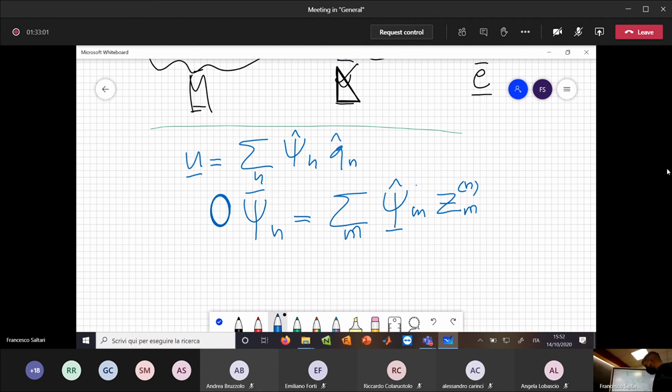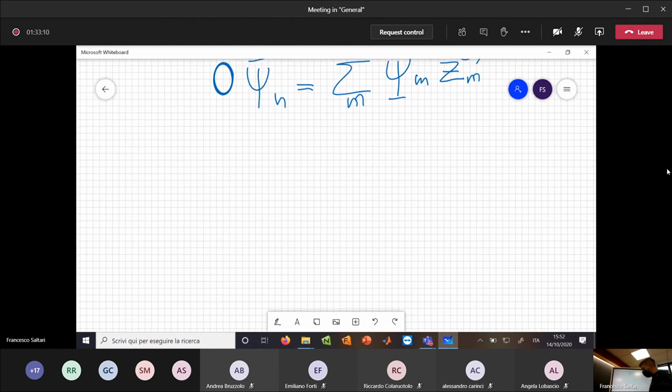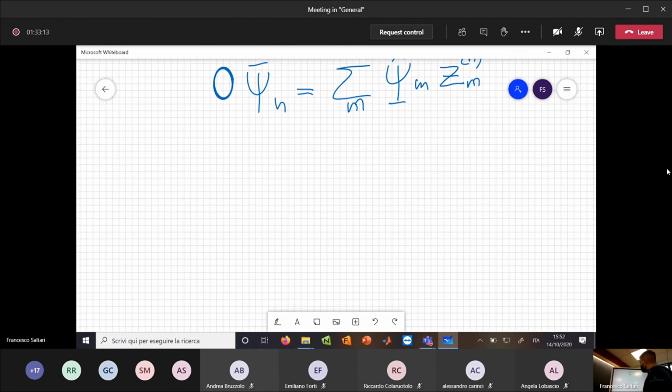Okay. And then, finally, we can express the modal mass and stiffness matrix. We can express them by projecting, for instance, the density and the structural operator directly on the mode shapes of the structure.